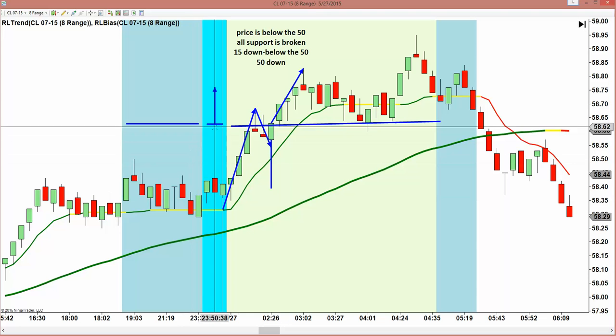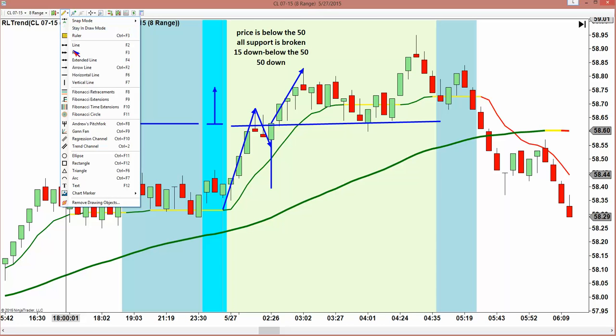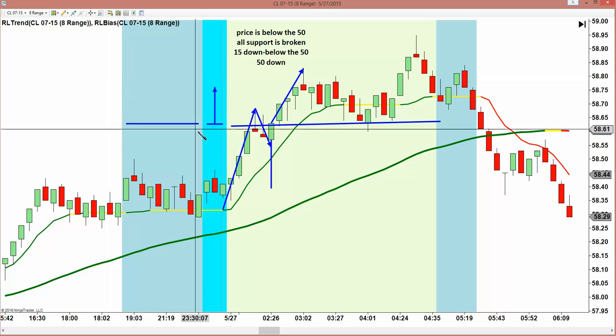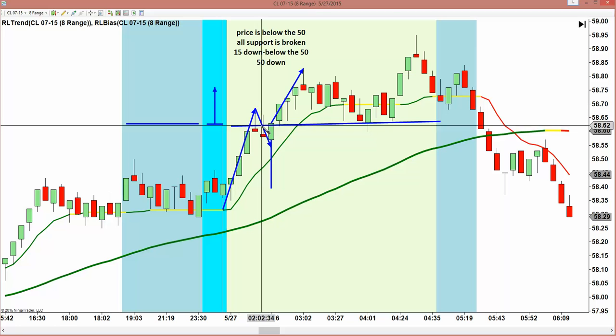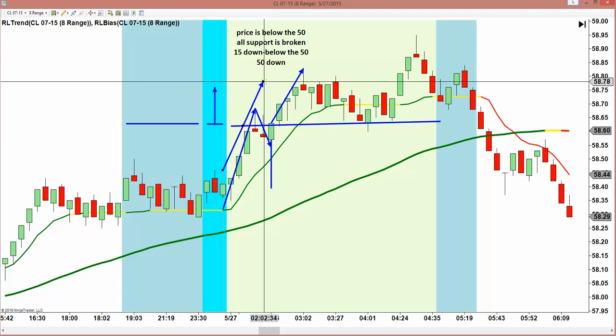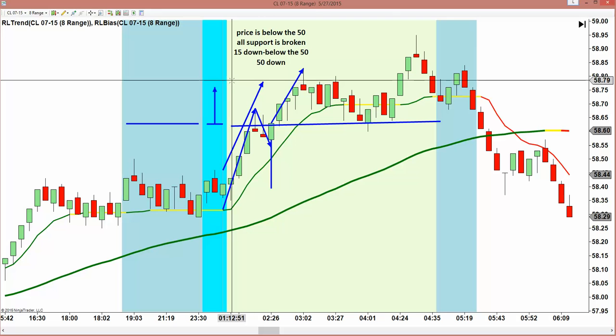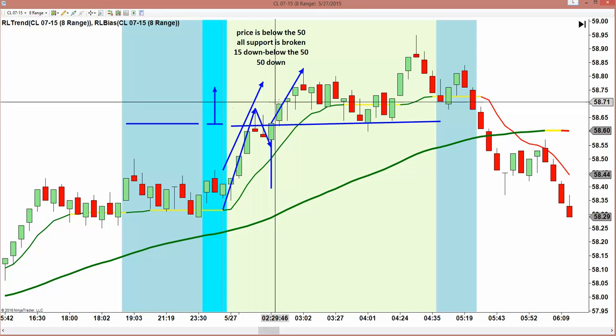So on this color, price is above the 50, the 15's up, the 50's up, but the 15 hasn't crossed the 50 yet. So you see what happens as price continues to move? The 15 eventually crosses the 50, breaks resistance to the upside, and the color changes.